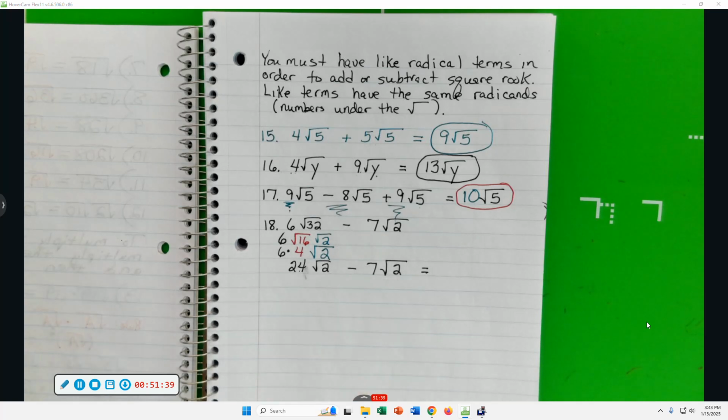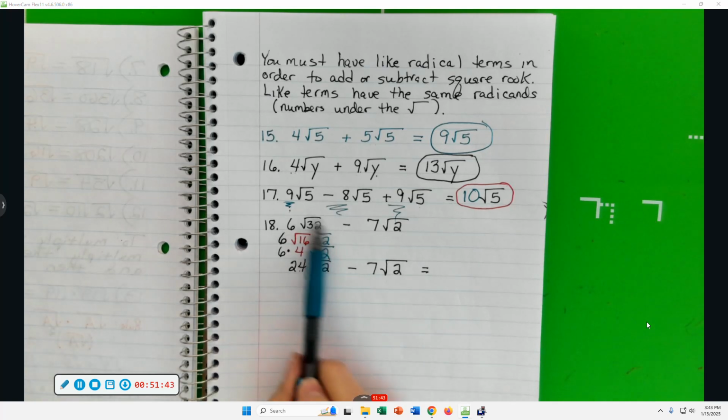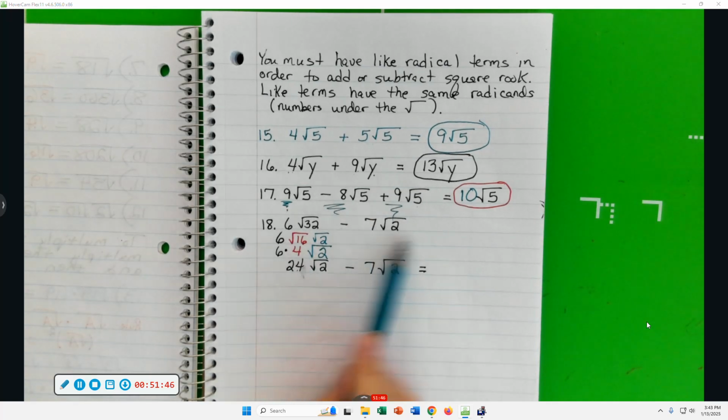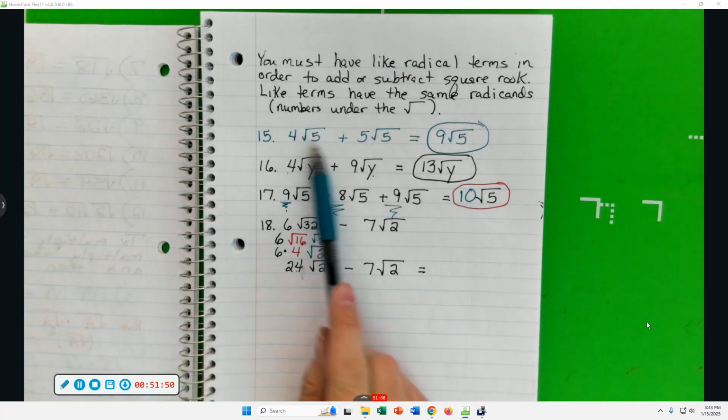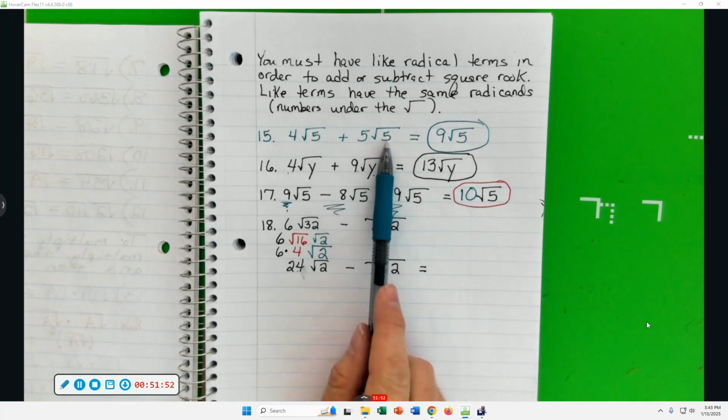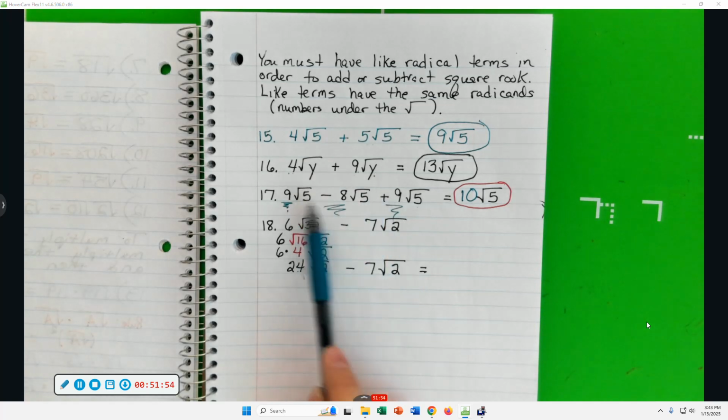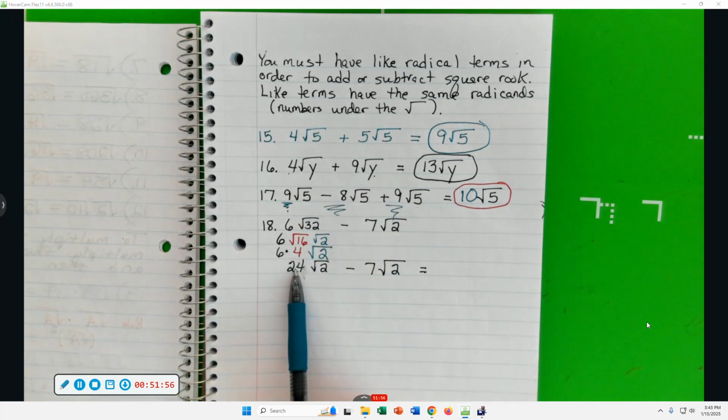This is the most basic problem-solving strategy in the world. If you're confronted with something new, try to make it look like something you already know how to do. We know how to do it if we have the same number under both square root symbols. So what's 24 square root of 2 minus 7 square root of 2?